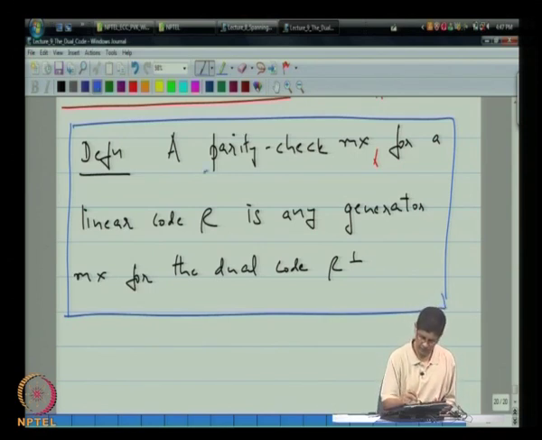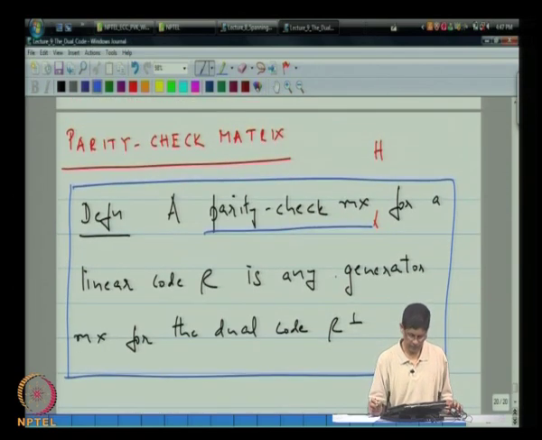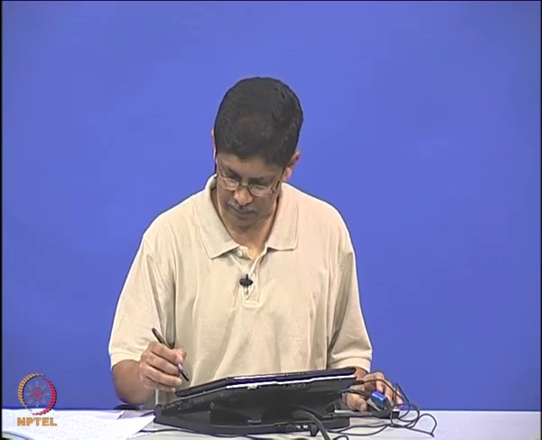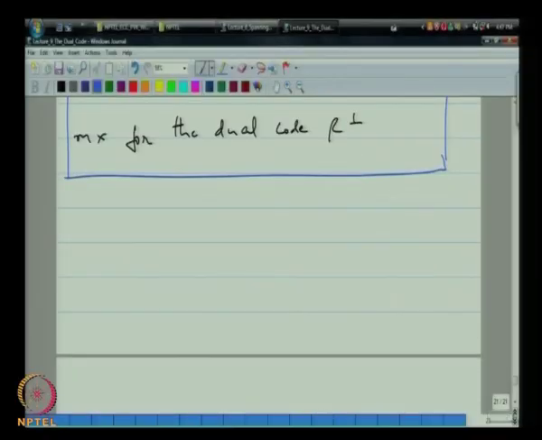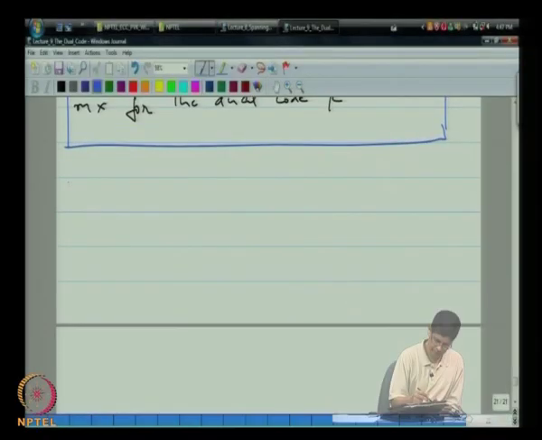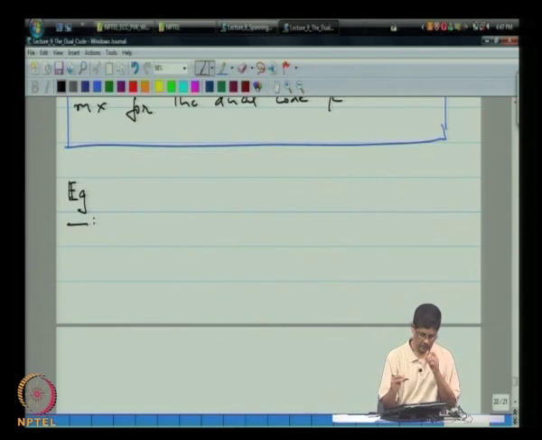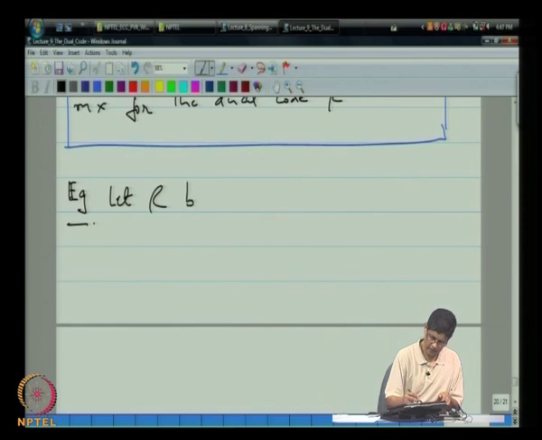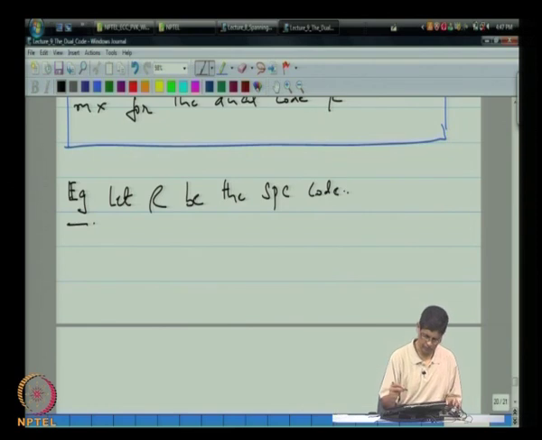Now, the first thing that must strike you is that, well, if I want a matrix that is connected to the code C, why is it that I have to go to the dual code? But I think that will become clear from an example. Supposing we let C be the single parity check code.